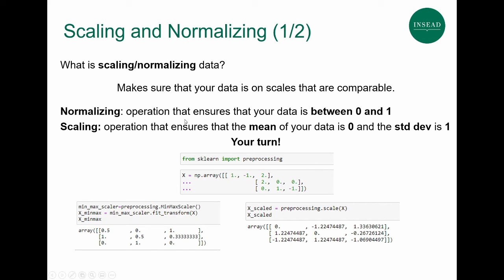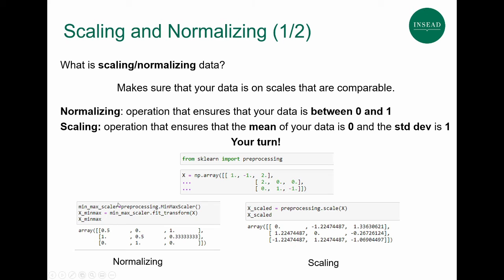Okay, so the way to do scaling or normalizing is in the following way. You import from this library a routine called preprocessing that we're going to apply to this 3x3 matrix here. To do normalizing, so to put your data between 0 and 1, you call preprocessing.MinMaxScaler.